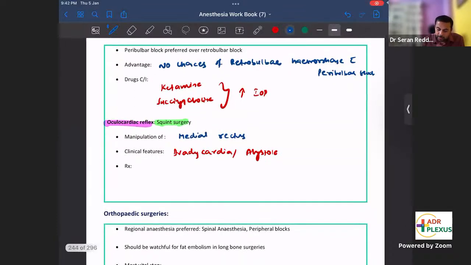And how do you treat? Ask the surgeon to immediately leave the muscle, the medial rectus, and you give atropine.